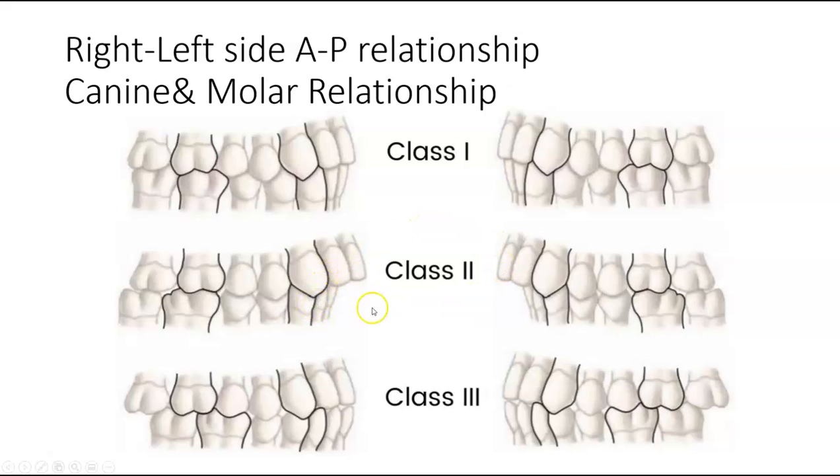And this is what's classically referred to as a class 2 malocclusion. And then when we look at the other side, we see the same thing. Half a cusp of the sharp tooth is over the bottom, and half a cusp of the upper tooth is over the bottom.